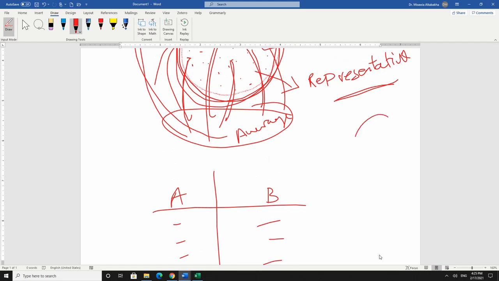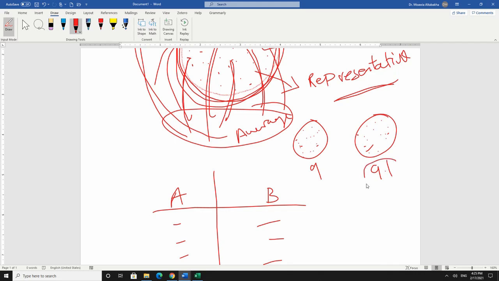If you know that I teach two classes, and I take the average of quizzes for all the students in each class, the average here is 9, and the average here is 9.1. Which class is better?